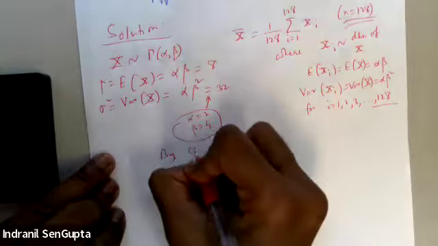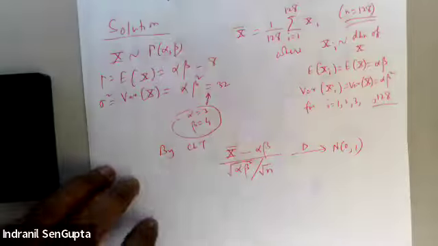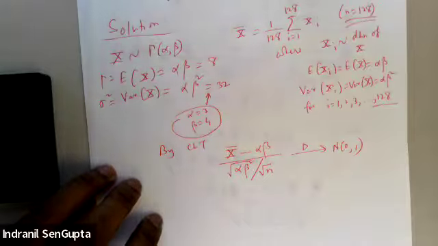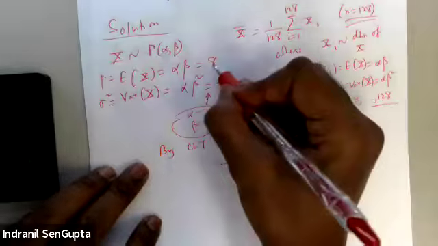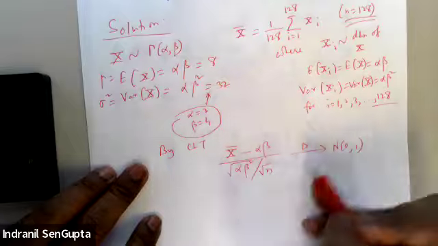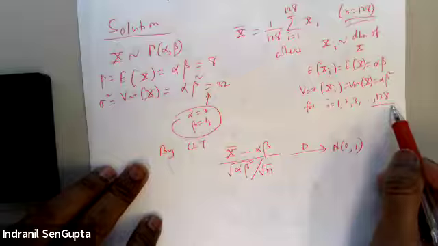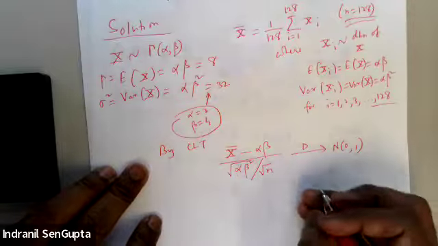By the central limit theorem, this goes in distribution to the standard normal. Alpha beta, we already have 8. Alpha beta squared, we have square root of 32. And then square root of n would be square root of 128. Right?